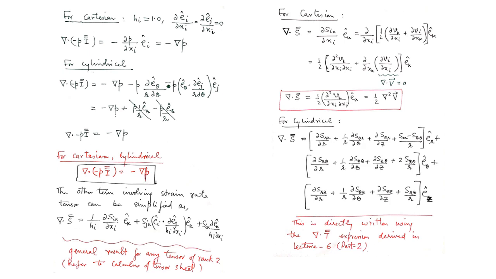So del 2 Vk del Xi, operated on del Vk del Xi. Basically it's like the operator del Xi being operated twice on Vk. That's why it's written as del 2 Vk and del Xi. If I don't write del Xi, then it will not be viewed as a repeating index, and therefore we go wrong in expanding that term.